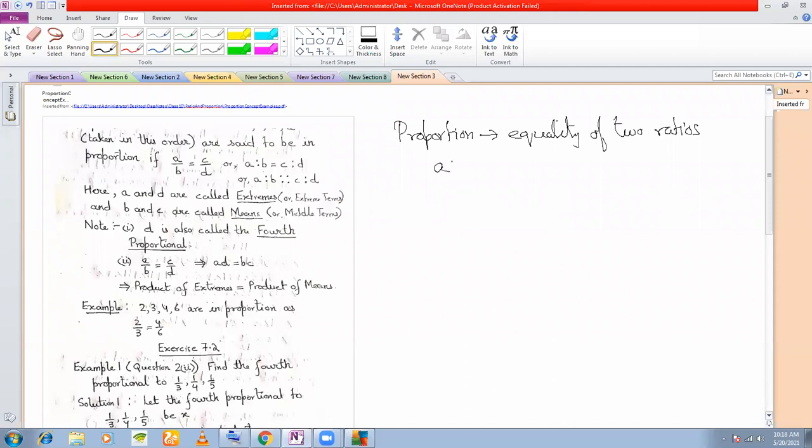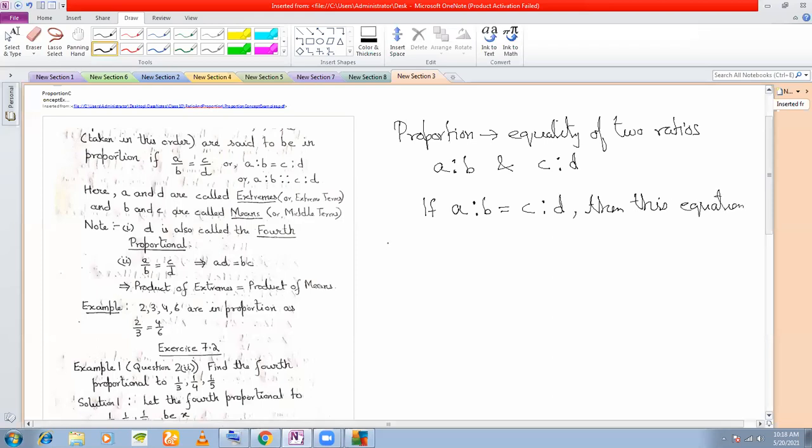Suppose I have a ratio A is to B, and I have a ratio C is to D. Two ratios I have. If these two ratios are equal, then this equation is called proportion.